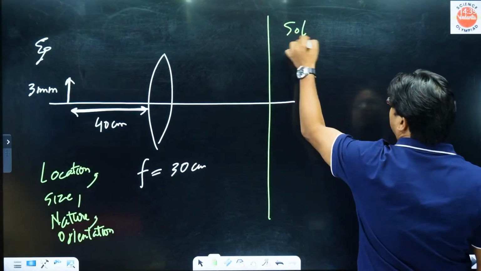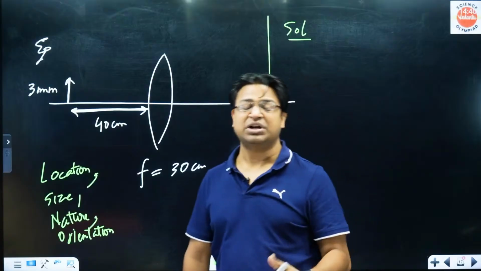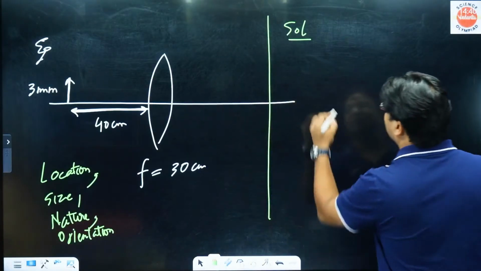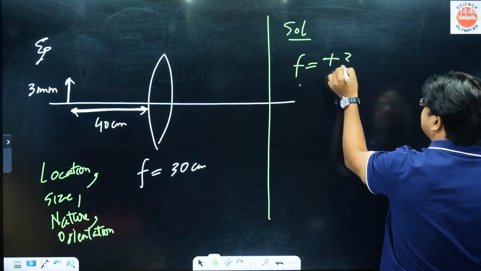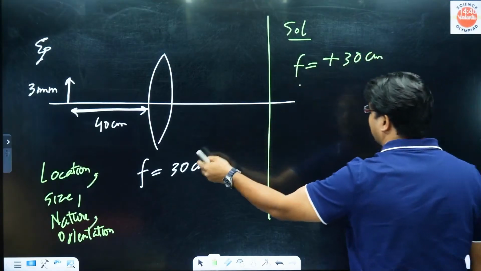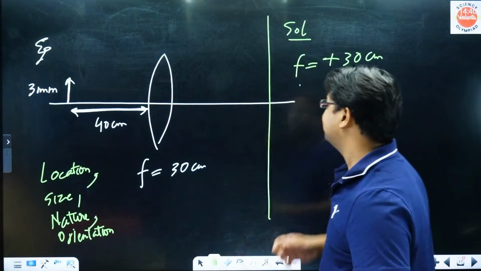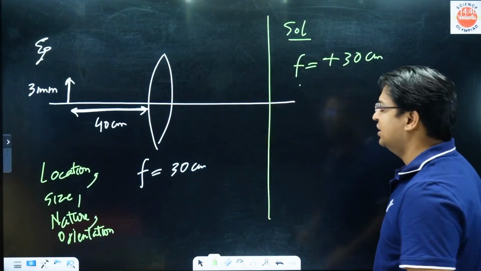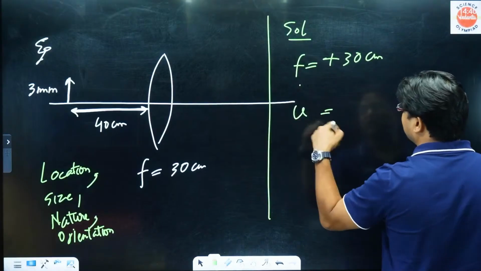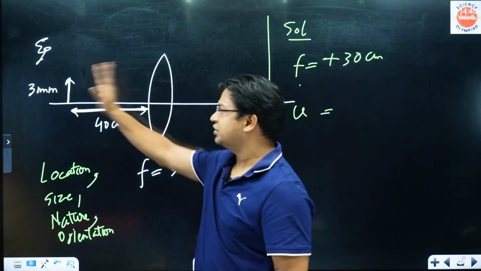My intention is to start using the lens formula. Focal length I will write with a plus sign. The question will just give you the numerical value. You have to decide whether to use it with a plus sign or a minus sign. So focal length is plus 30. For the object location, the object is located towards the left side.